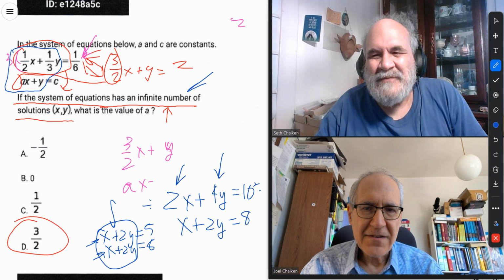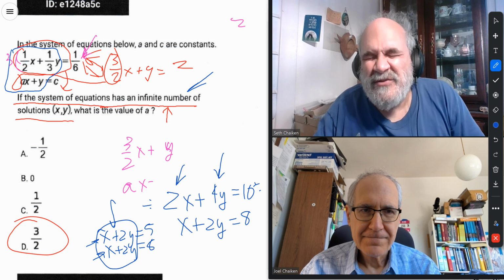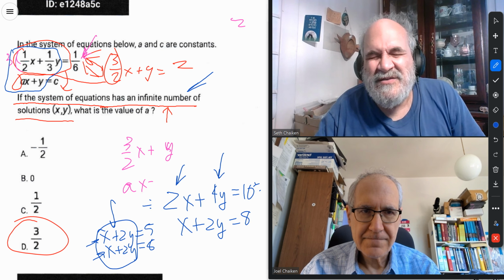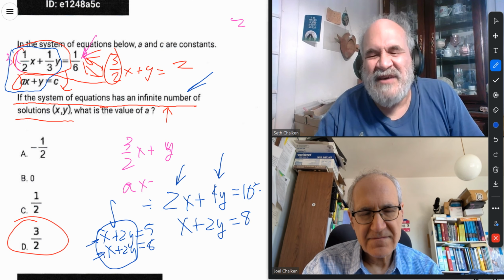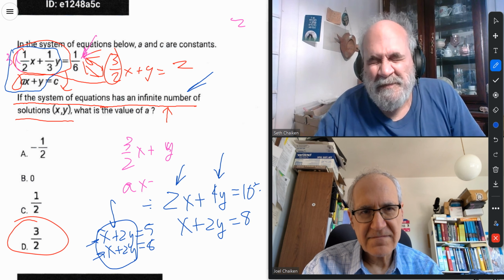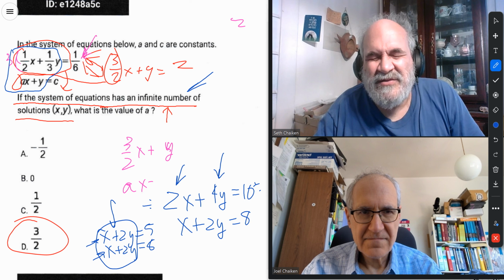And when two linear equations have one solution, the lines are non-parallel, and non-parallel lines intersect in one point, and the coordinates of that point are the solution. So that's the graphical approach.